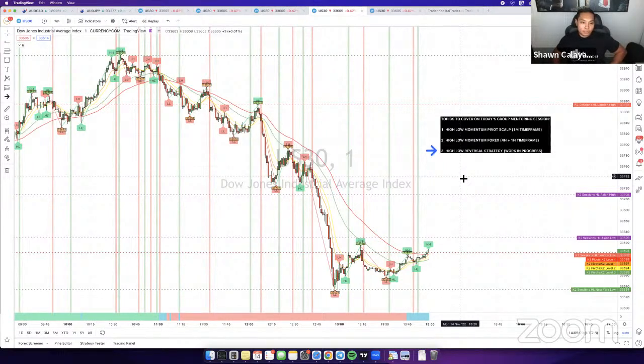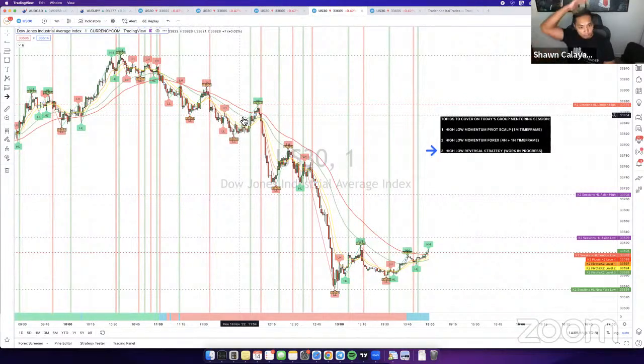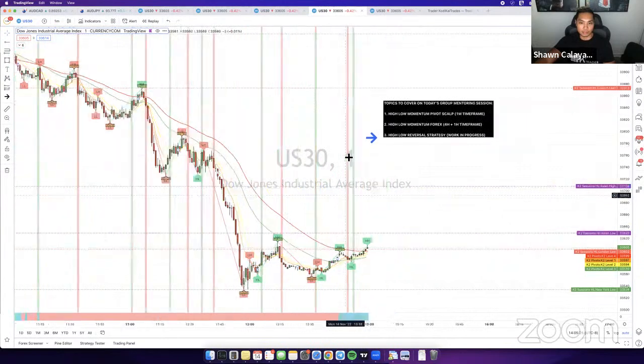The best strategies to really focus on would be the strategies that are based off the momentum signals, because once these are on the chart, they're stuck on the chart, they don't disappear. So they don't repaint once they've appeared on the chart. So with this strategy here, or with any strategy that uses the momentum signals, you really have real results. If you look back, you'll have real results.